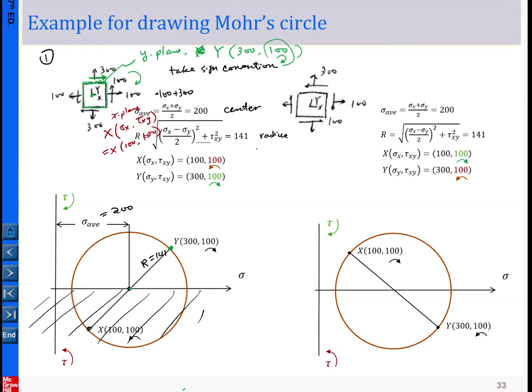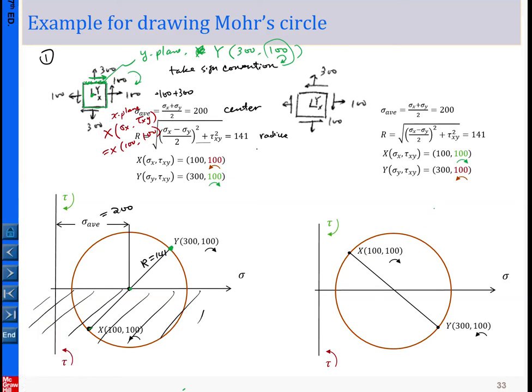If not, then you have something incorrectly done, so go back and check your calculations, either on the Mohr circle or on the identification of the x, y points. Now let's continue to the second example.